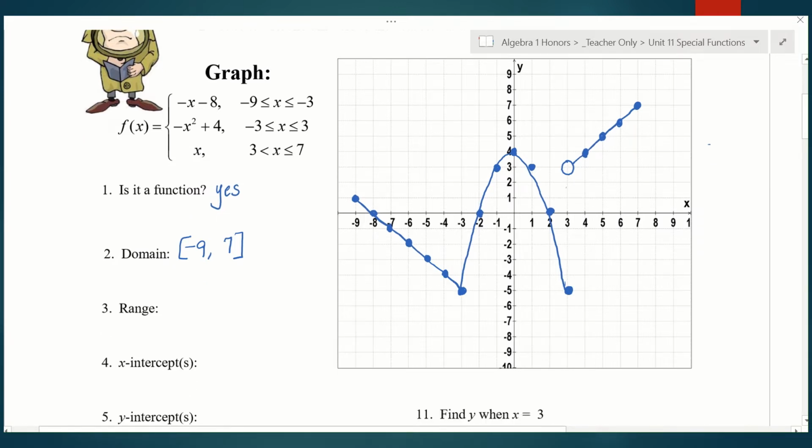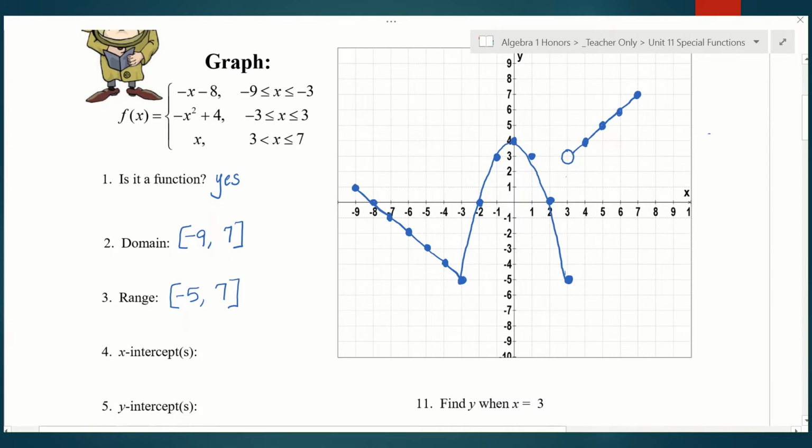Okay, for my range, I have the lowest it goes to the highest it goes. So the lowest my graph goes is -5, including that point. And the highest it goes is 7, again, including it.